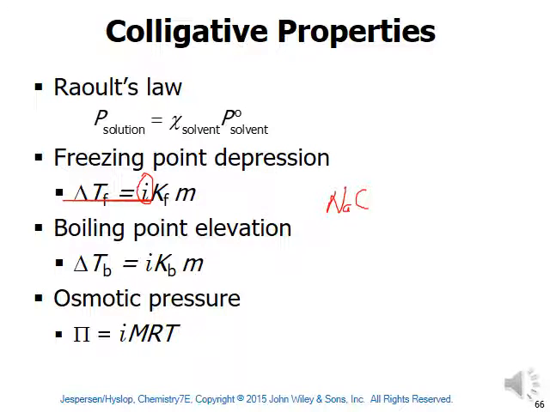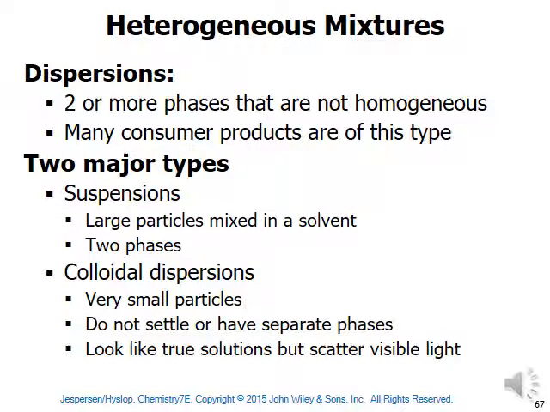For sodium chloride, I don't know what its i is, you can look it up, but the i is going to be pretty close to 2. Typically when we do these problems, we don't include i because we're assuming the molality is the only thing that affects the change. But technically we should include it. This is called the van 't Hoff constant for the substance, and we're not going to get into that. But these are the equations that we use.